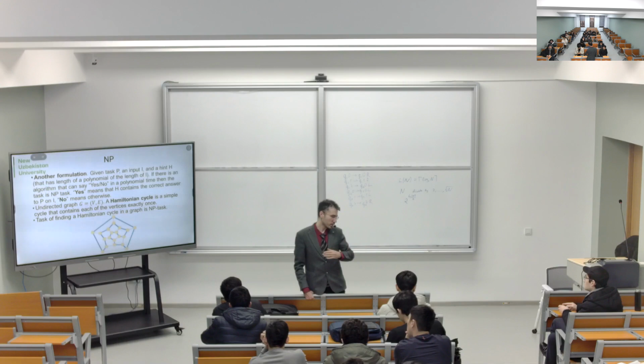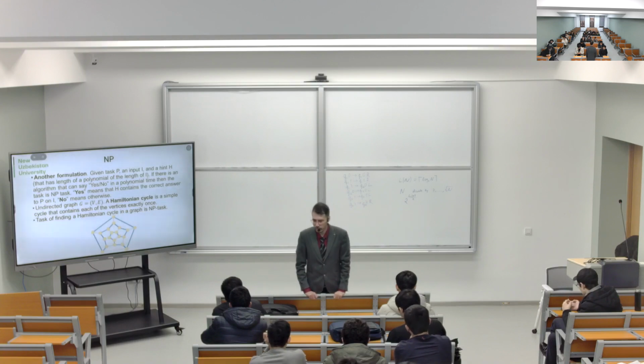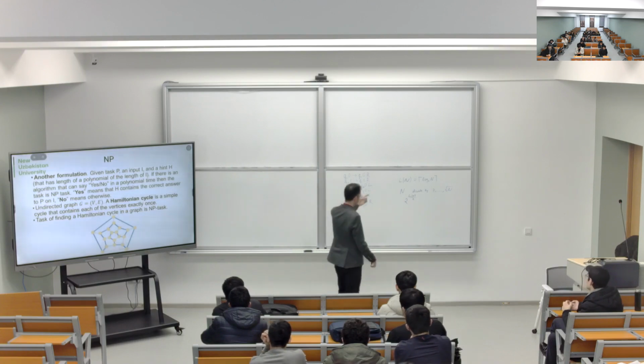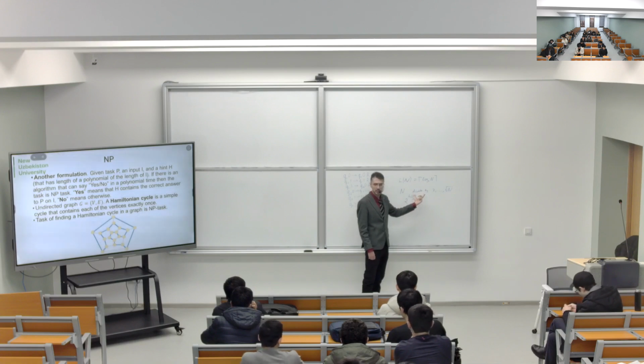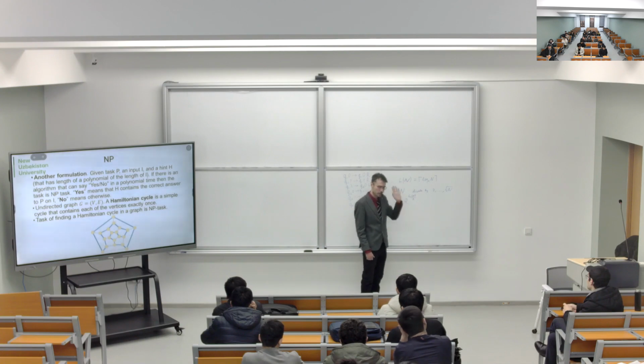Yes? But what is the hint for, let's say, the task of checking for a prime number? Let's say that we wrote the number n, and then we wrote its smallest divisor greater than 1. So we write the hint as the smallest divisor of n greater than 1.